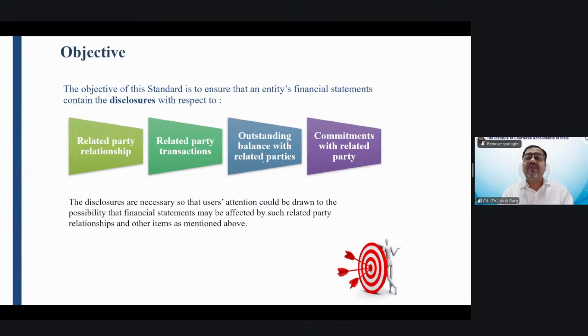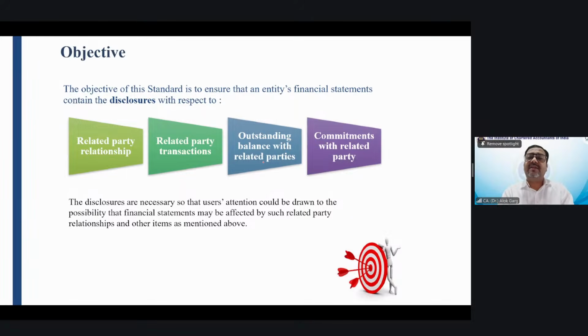Only disclosures are given, and hence it is more of a governance related standard for any company. If there are related party transactions, that company has to follow the guidance of the Companies Act. If it is a listed company, it has to follow the guidance of the SEBI LODR regulations also, and of course the company has to comply with Indian accounting standard.